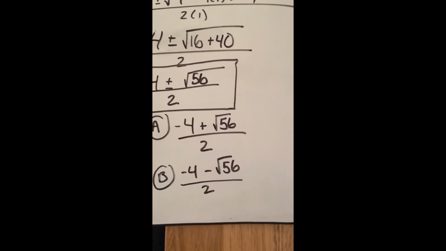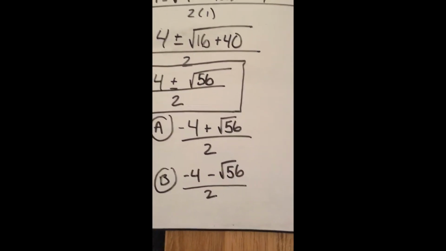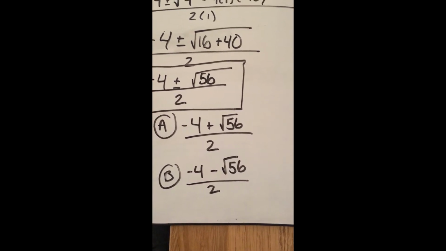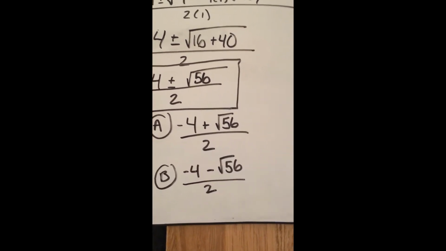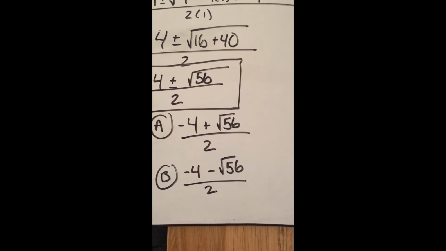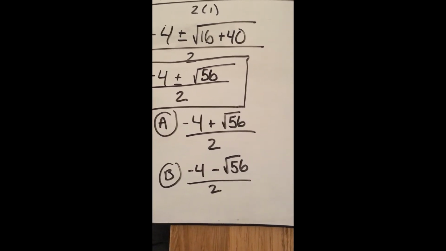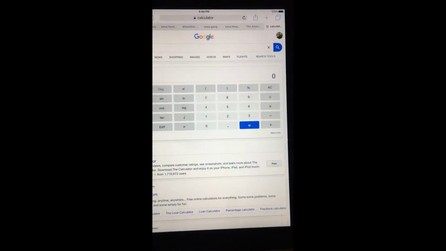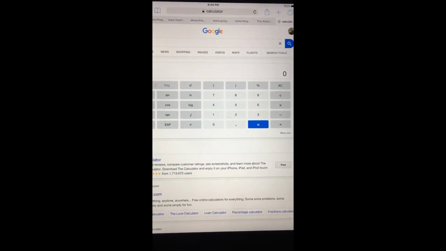This is where you're going to need a calculator. Hopefully you have a graphing calculator or basic calculator, but if you don't, I don't suggest using your phone, but what you can do is use Google, which has a good calculator option for this.